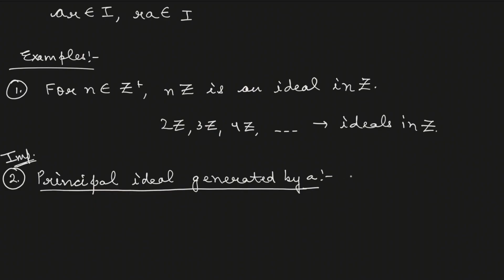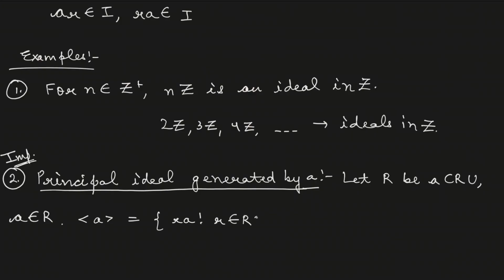Let R be a commutative ring with unity. a is an element from ring R. Then this generator a, ra such that r belongs to R, this is called the principal ideal generated by a.